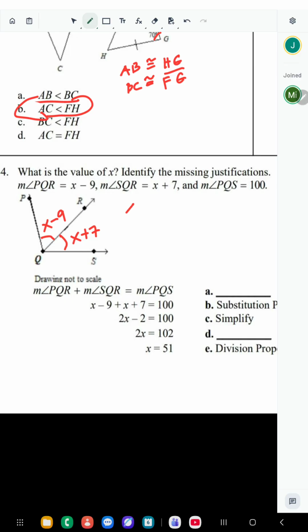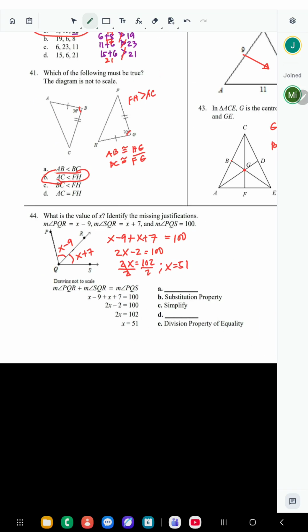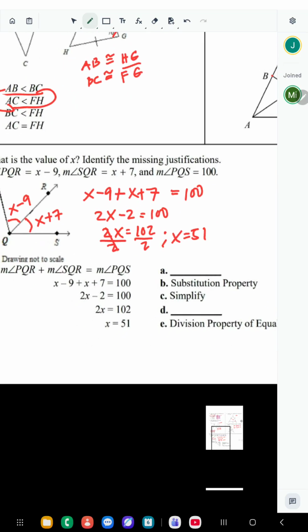X minus 9 plus x plus 7 equals 100. So this is 2x minus 2 equals 100. 2x equals 100 plus 2 is 102, divided by 2. So x is just equal to 51.